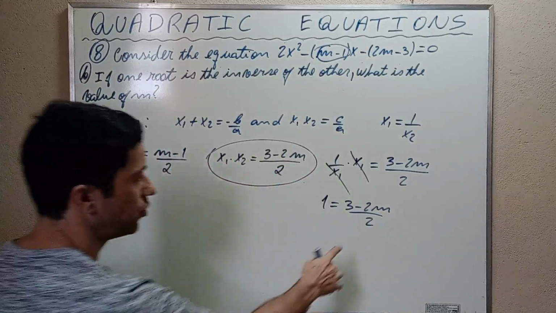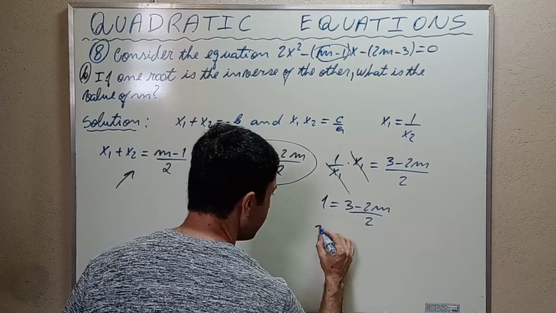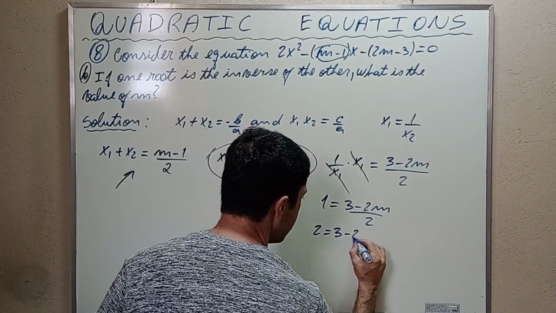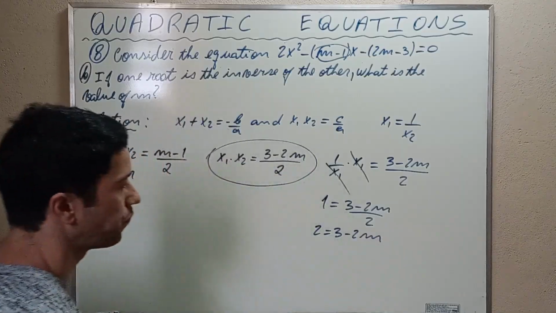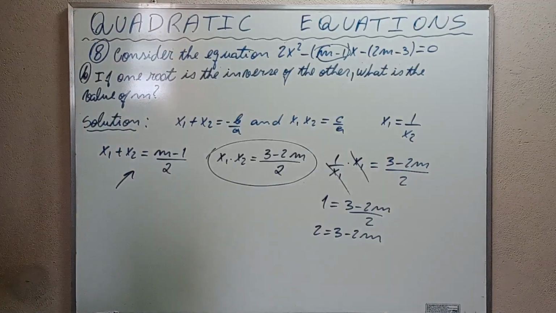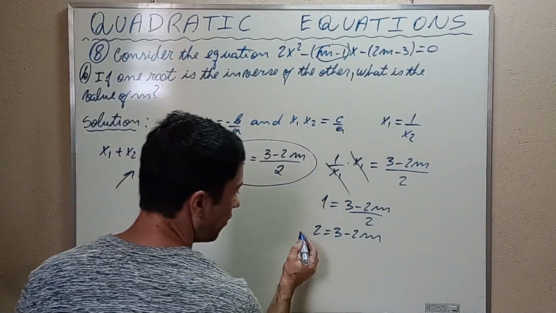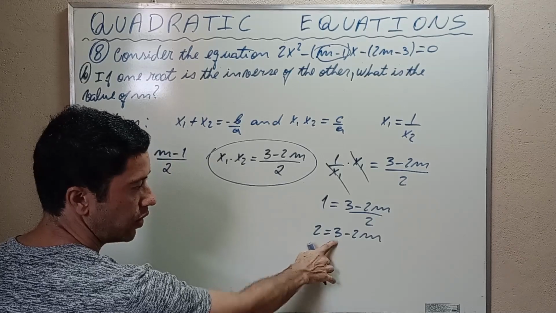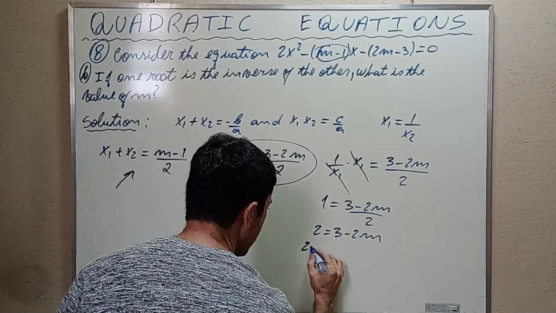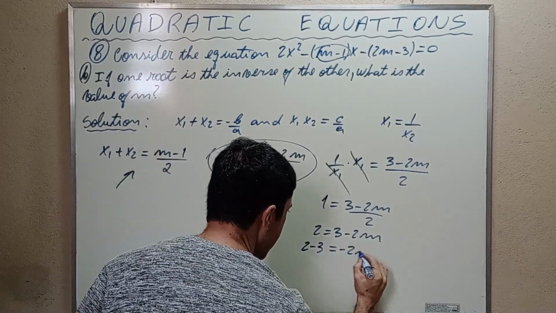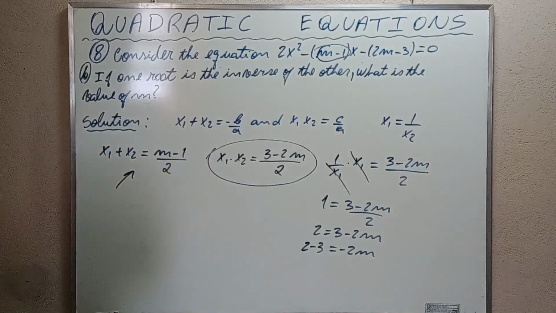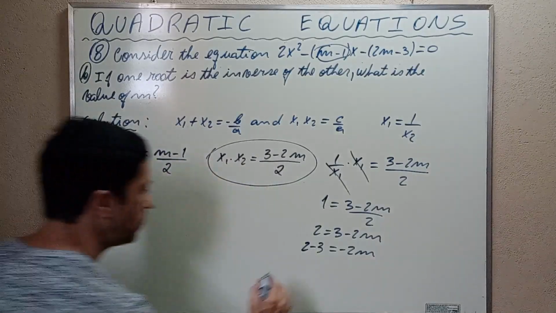I pass this 2 dividing, multiplying here, 2 is equal to 3 minus 2m. Passing this to this side, 2 minus 3 is equal to negative 2m. 2 minus 3 is negative 1.